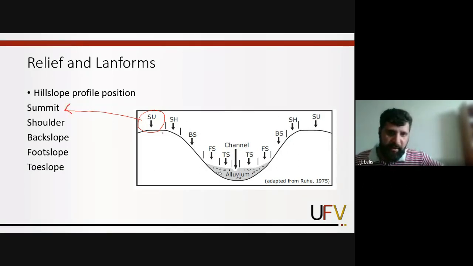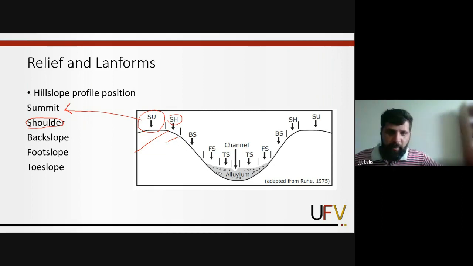And this area that has a gentle slope is called the shoulder. And commonly we can find in the shoulder the exposure of some hard rocks or some iron crusts or silicon crusts or some rocks that are very resistant to weathering.